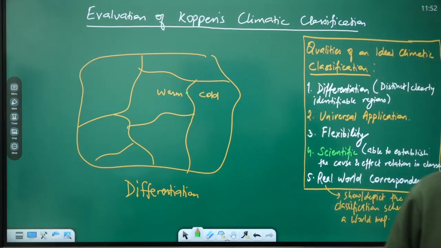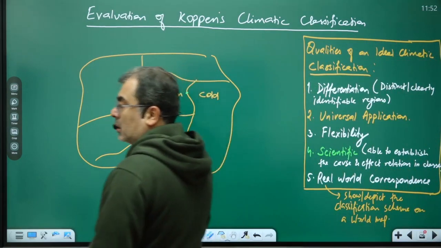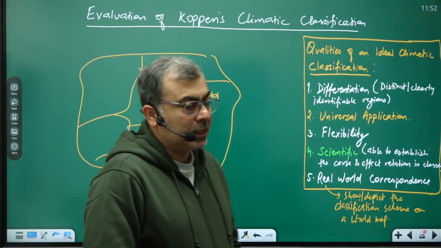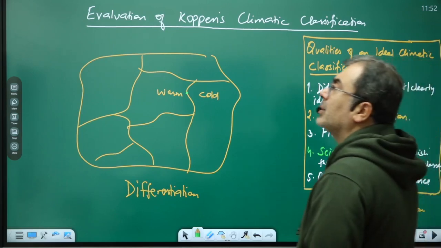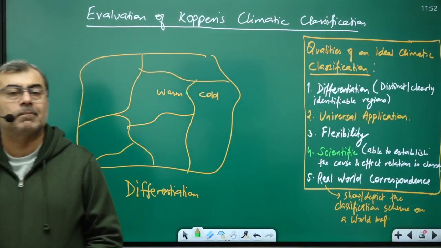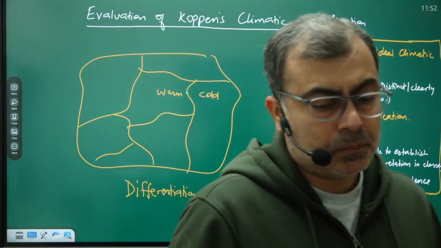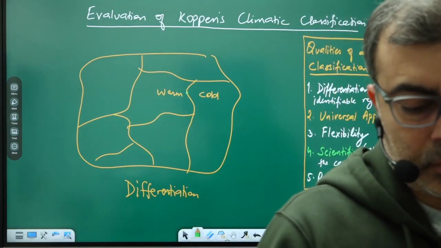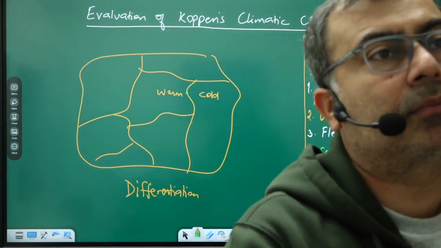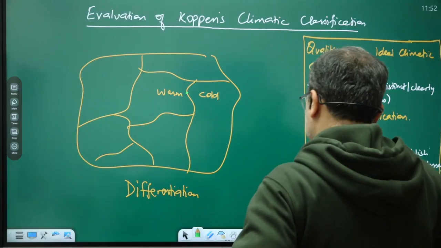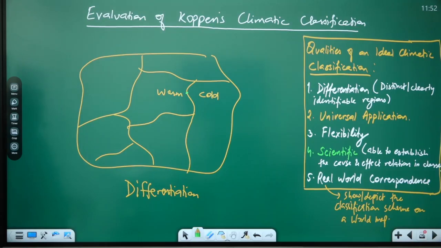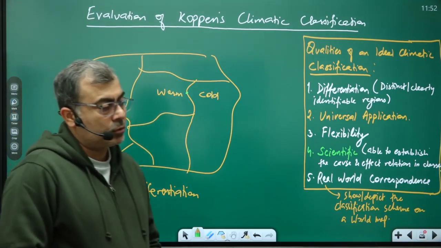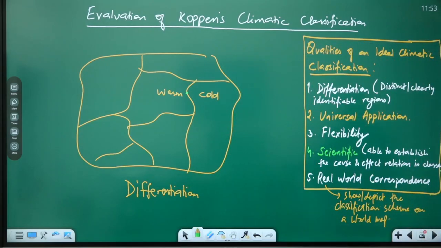In bracket you can write down his belief that vegetation is the best representation of climate shows in his regionalization. Full stop, bracket close.